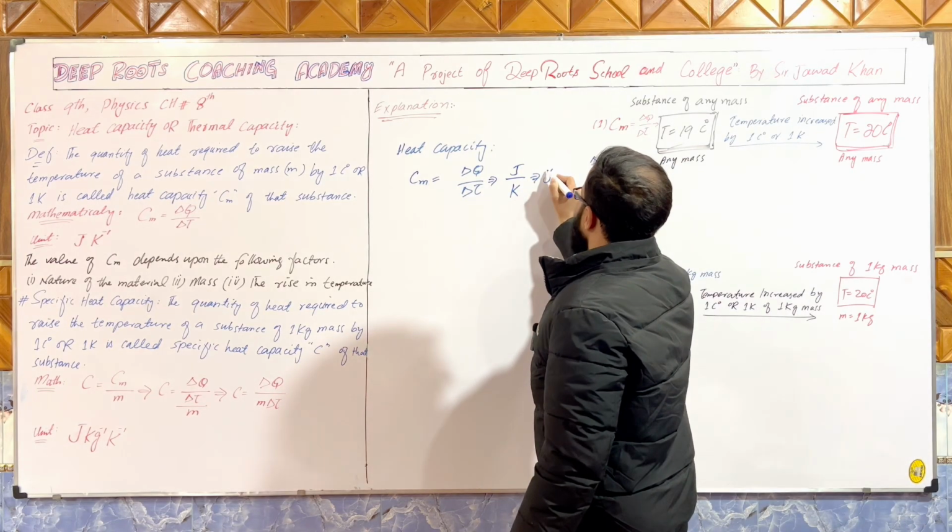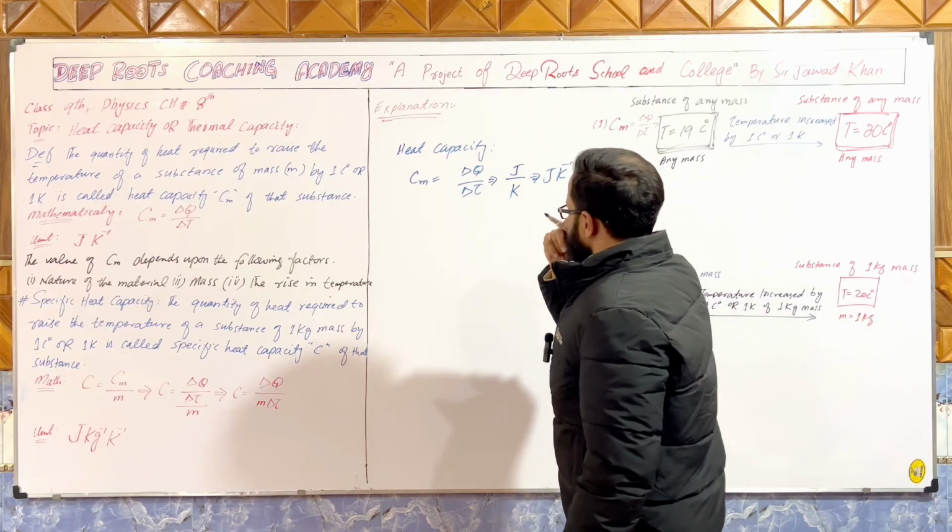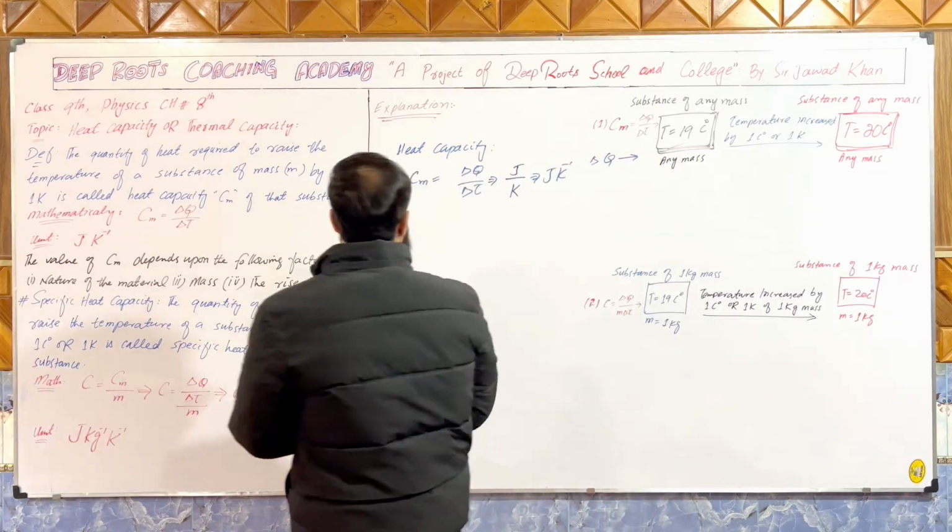So it may be written as joule per Kelvin.